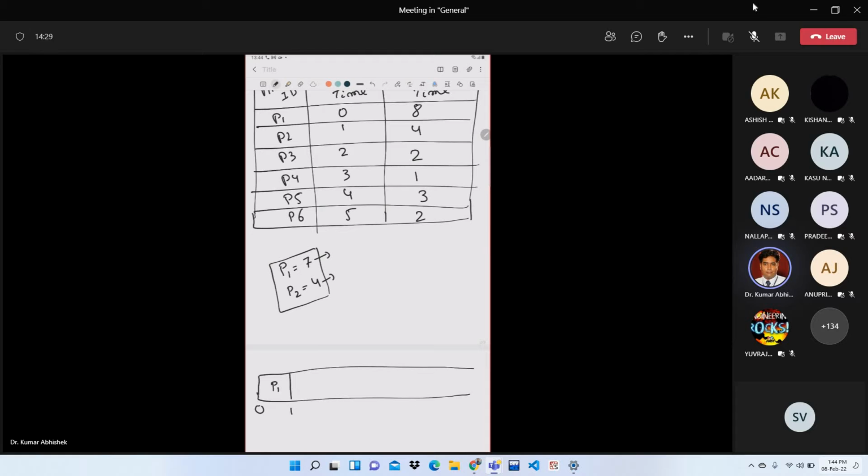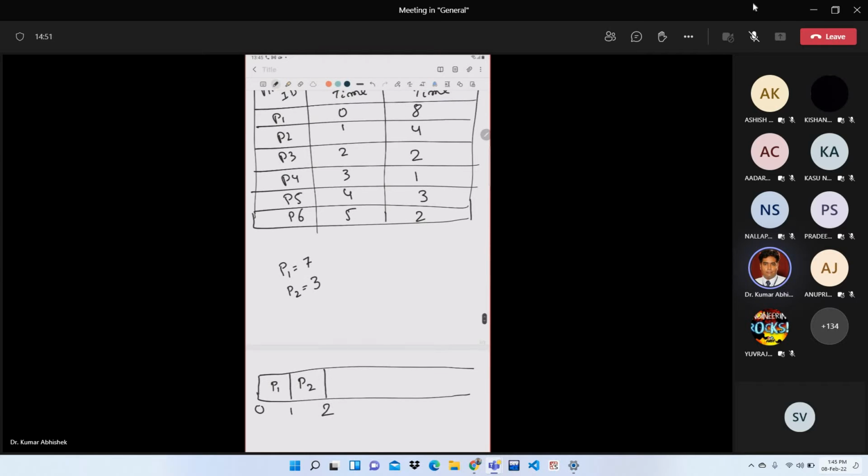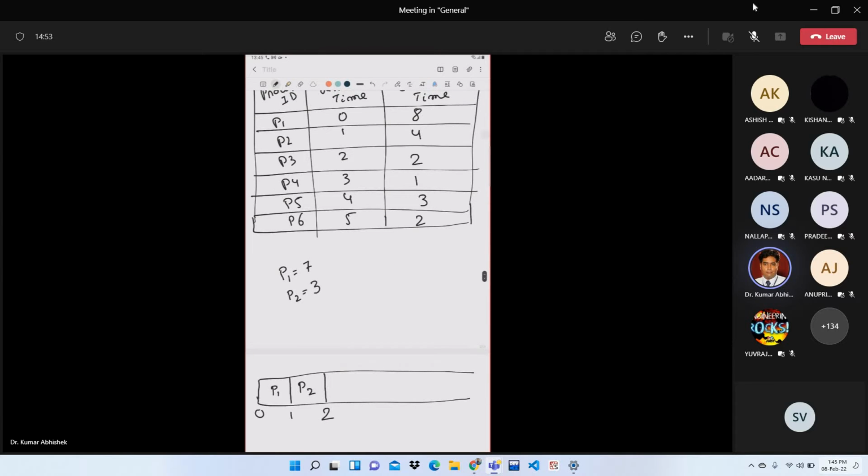Now what will happen? P2 will start executing till time unit 2. At time unit 2, this changes. We have P2 equal to 3 and P3 equal to 2.